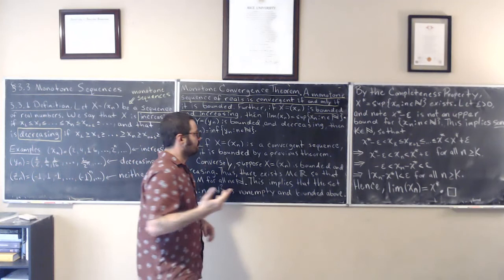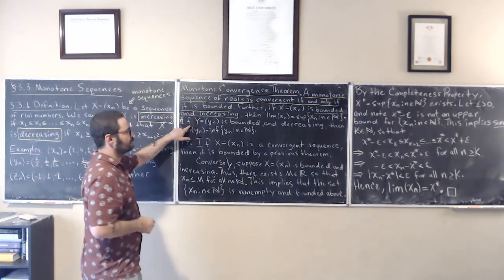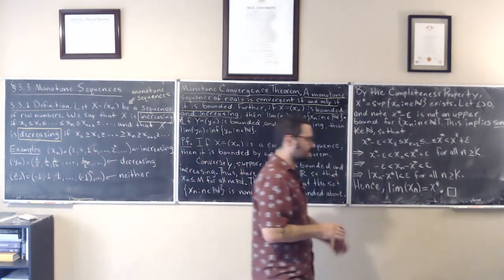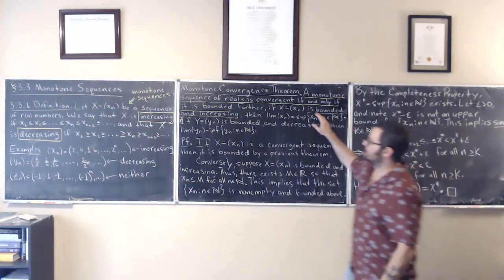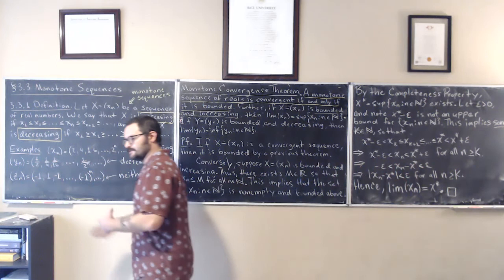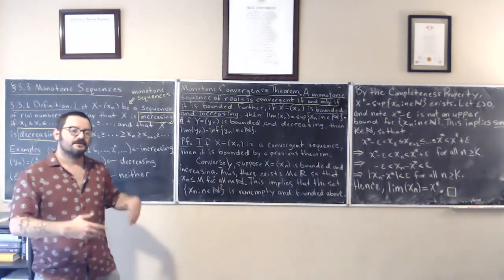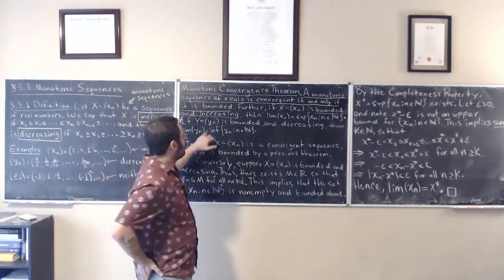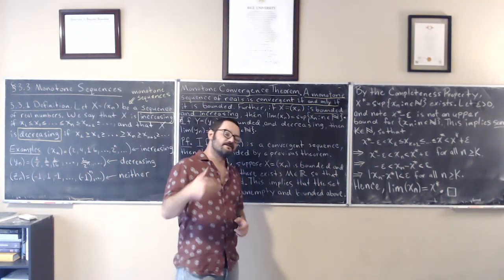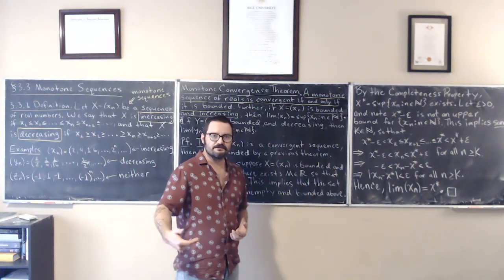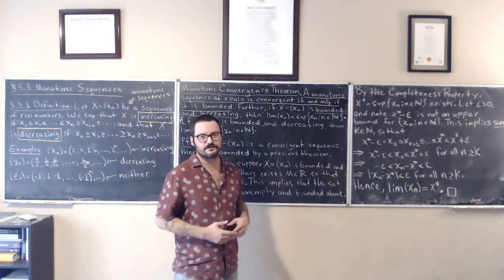Now, an easier way to prove the second part, the infimum case for decreasing sequences, is to just take what we've proven for bounded increasing sequences and apply it to the decreasing case. For example, if y n is a bounded and decreasing sequence, then negative y n is a bounded increasing sequence, which we just proved converges.